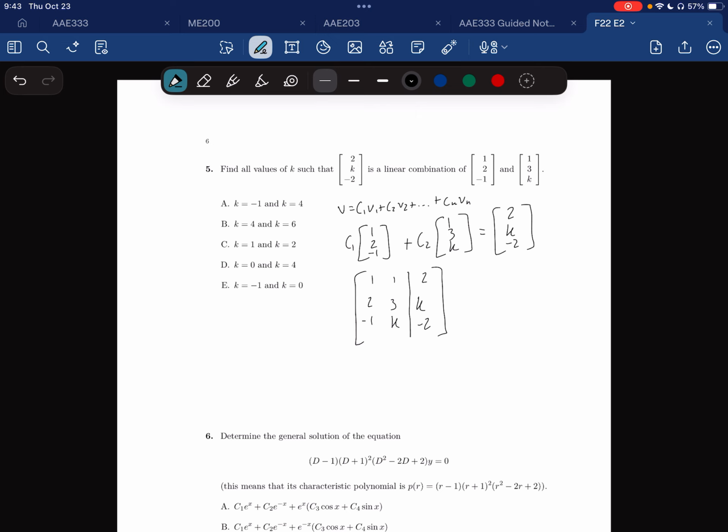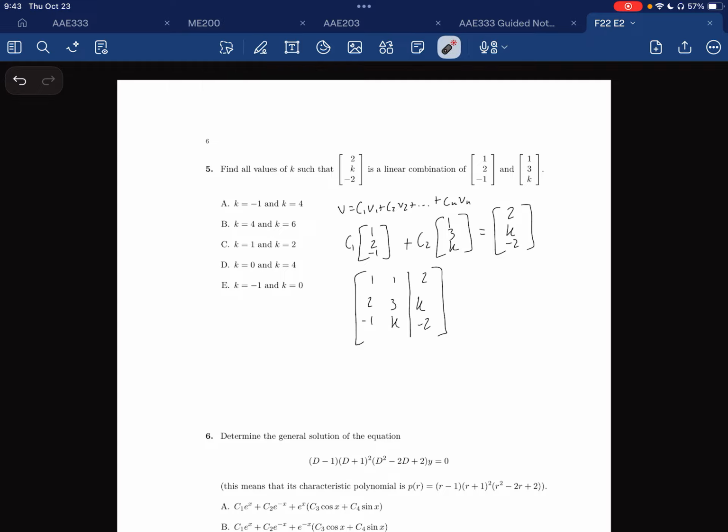But actually, I want to drill this again, because they can ask you questions outside the scope of just this, where it could be something conceptual. Essentially, this vector v will be a linear combination of vectors v1, v2, all the way to vn if the scalars exist such that this property holds true.